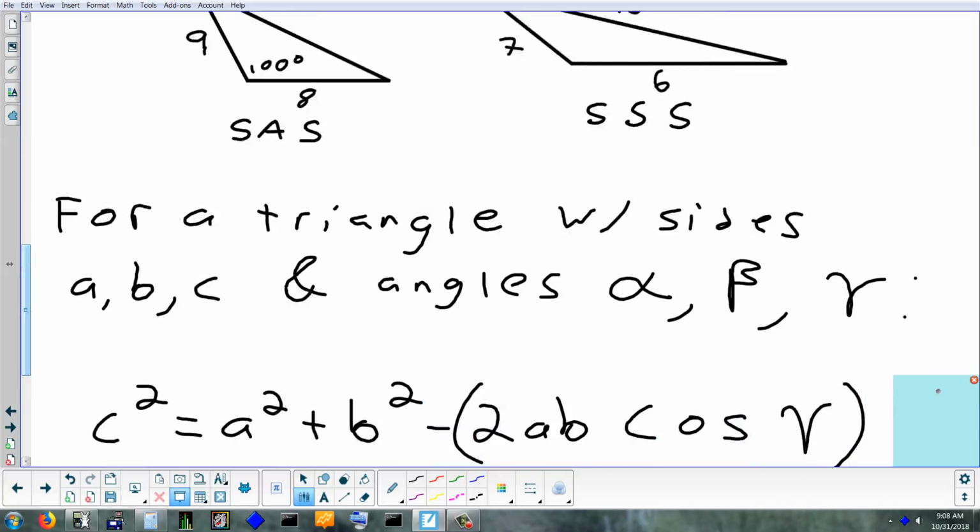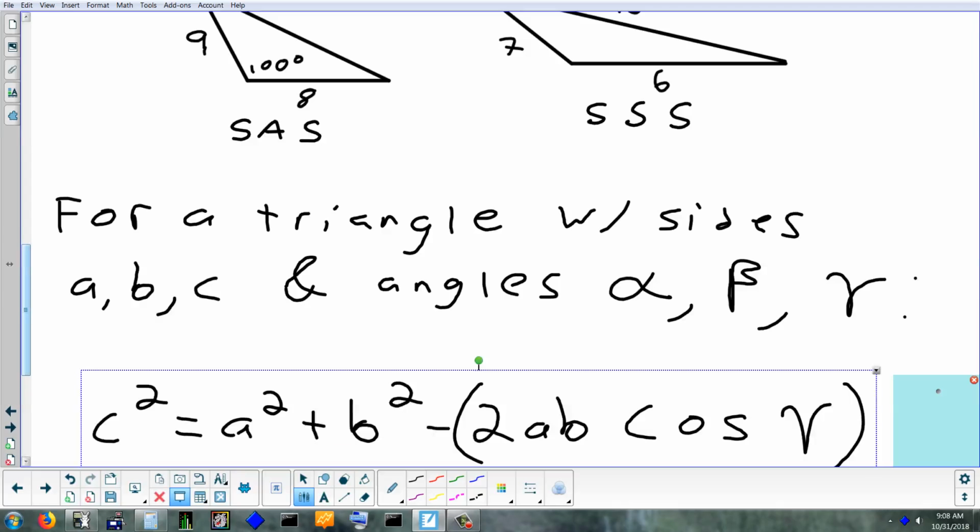Twice the product of the 2 letters that just came before, so minus 2AB, times the cosine of the angle across from the letter you started with. The reason I'm reading it like that is because you can start with C, B, or A. You can write this formula 3 different ways. But the general idea is one side squared equals the sum of the other 2 squared, minus twice the product of the other 2, times the cosine of the angle across from what you started with.